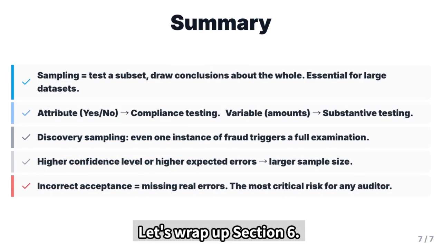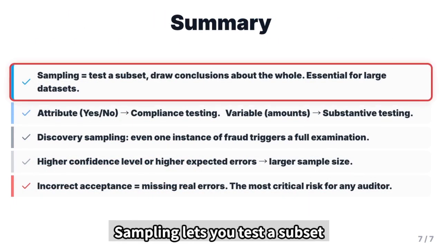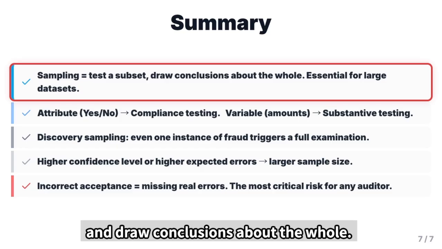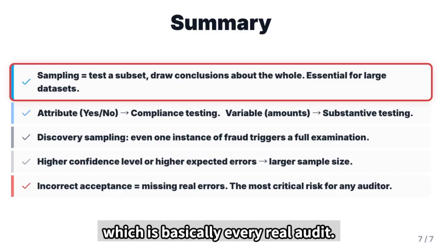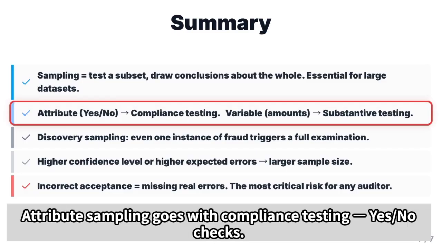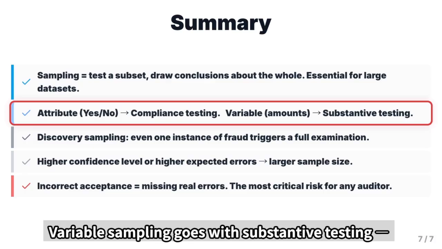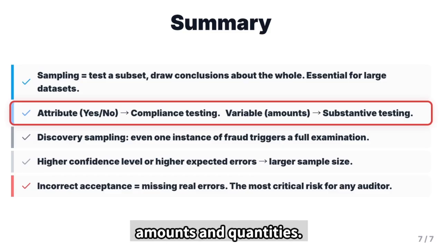Let's wrap up section 6. Sampling lets you test a subset and draw conclusions about the whole. It's essential when dealing with large datasets, which is basically every real audit. Attribute sampling goes with compliance testing, yes/no checks. Variable sampling goes with substantive testing, amounts and quantities.